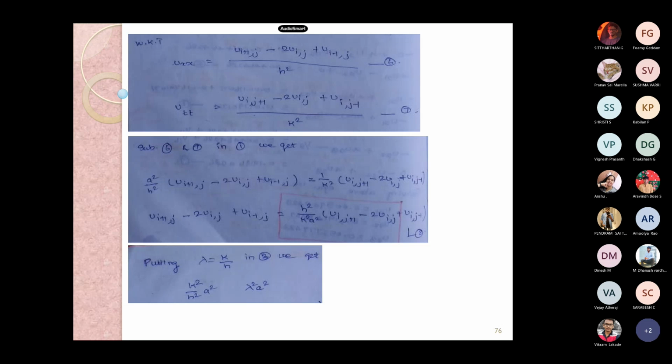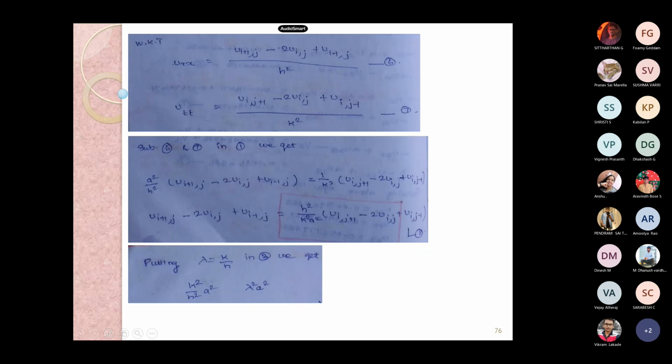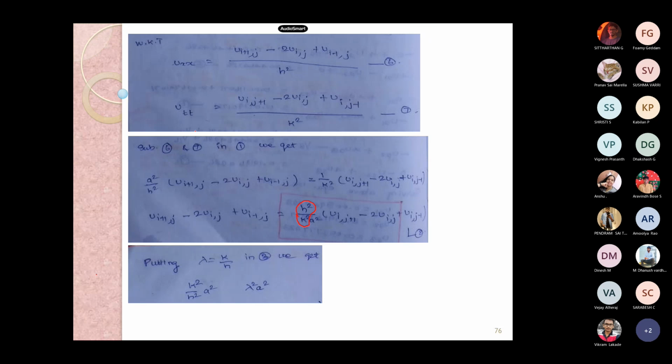Therefore, I am taking k and h to one side. This is h by k square. So I have applied lambda and taken it to the LHS, so we get lambda square and a square.